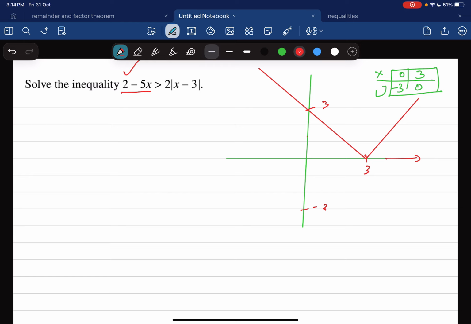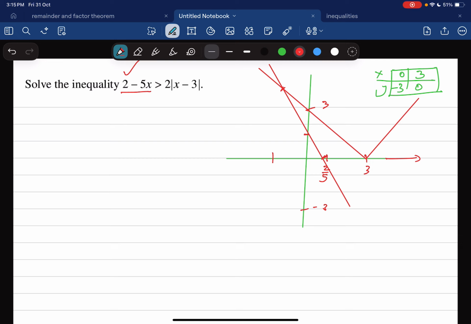If we take y 0, it comes to 2 upon 5. So this line comes here. There is only one intersection here, on the negative side of the x-axis.